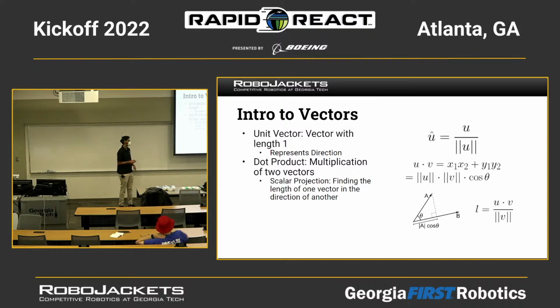So using this formula, you can do this other thing called scalar projection. Scalar projection is finding the length of one vector in the direction of another. This might sound confusing, but this diagram pretty much sums it up.